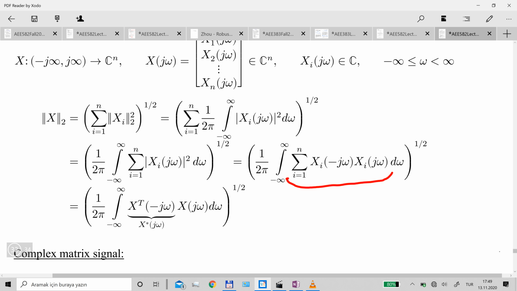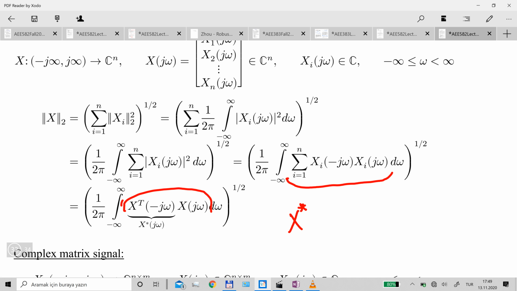You take the transpose of this term, and this transpose of the conjugate of x is usually denoted with a star at the top. I have mentioned this before, and in our future courses you will perhaps see it more often. Whenever you see a star on top of a capital letter, it means you are taking the transpose and the complex conjugate at the same time.